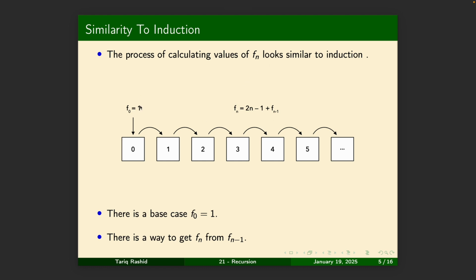We've got a base case, so f0 is defined, just as we have a base case that's easier to show or prove in induction. And then we have something that allows us to get from fn to a previous one, fn minus 1. So there seems to be a similarity here in terms of the process or the mechanism.